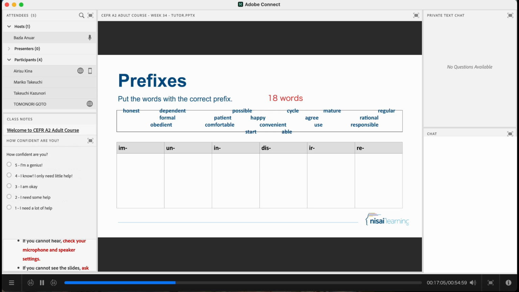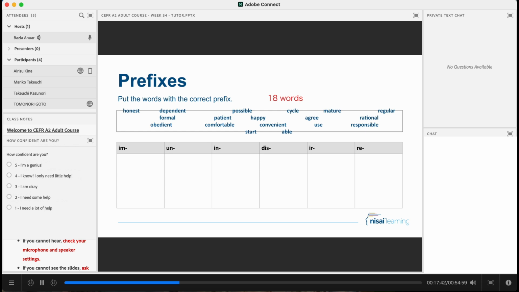All right, so I want you to put the words with the correct prefix. Can everyone do this task right here? Can I give you the drawing tools? All right, go on ahead, everyone. I have given you the drawing tools, and I want you to place or write down which one belongs to the correct prefix. For example, let's use the word agree here.